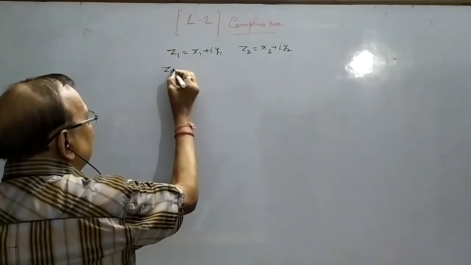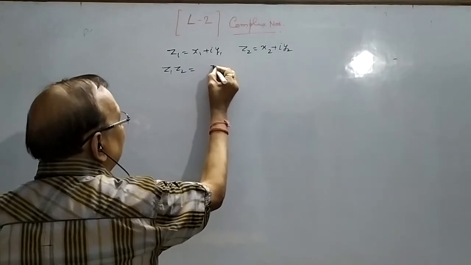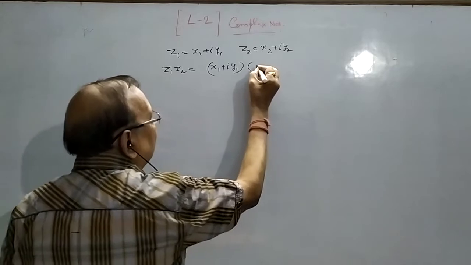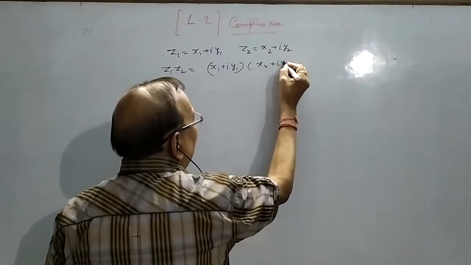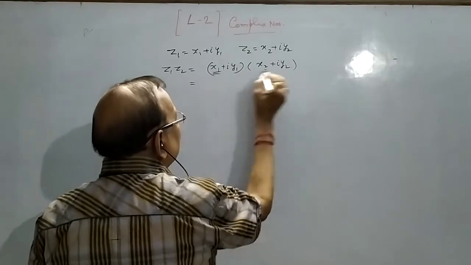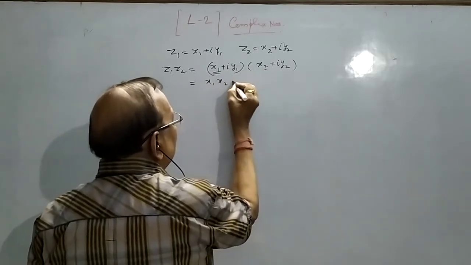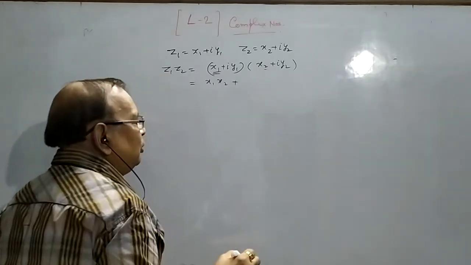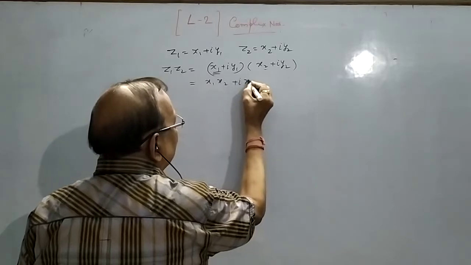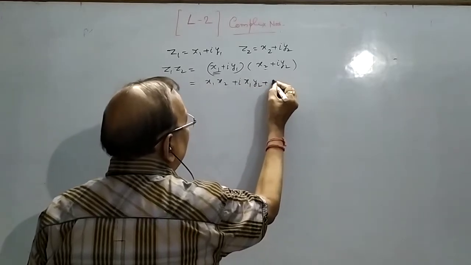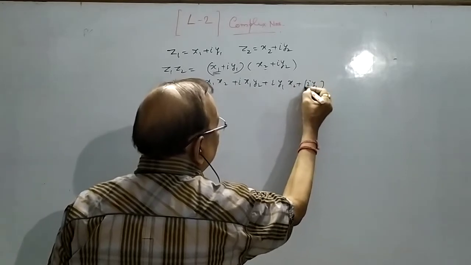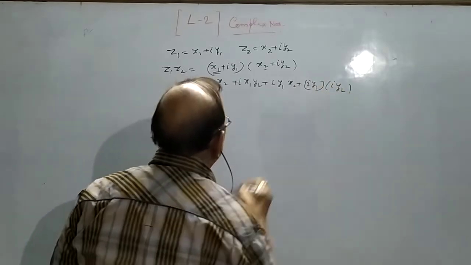Now z1 z2 is equal to (x1 plus i y1) into (x2 plus i y2). That is multiplied as earlier we have done in algebra: x1 x2 plus i x1 y2 plus i y1 x2 plus i y1 into i y2.